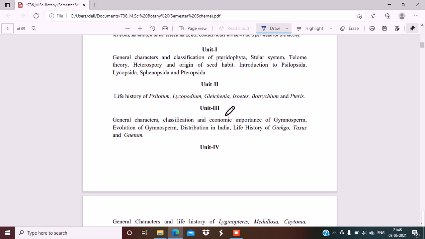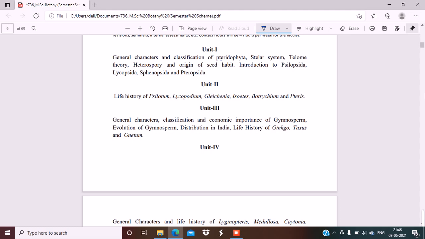Now unit 3: General Characters, Classification and Economic Importance of Gymnosperms, Evolution of Gymnosperms, Distribution in India, Life History of Ginkgo, Taxus and Gnetum. For this you can refer to two books.